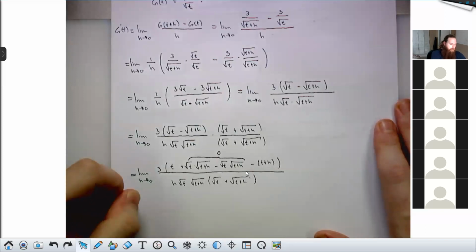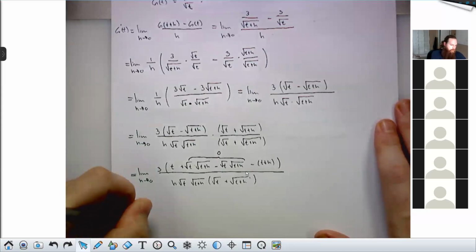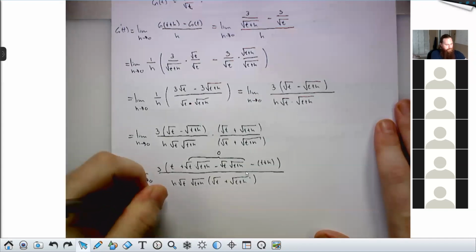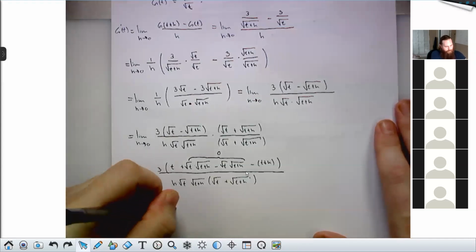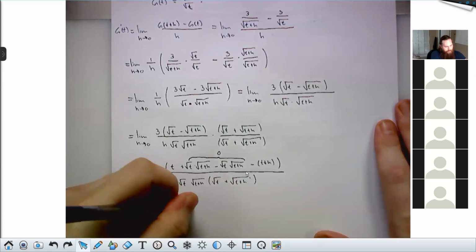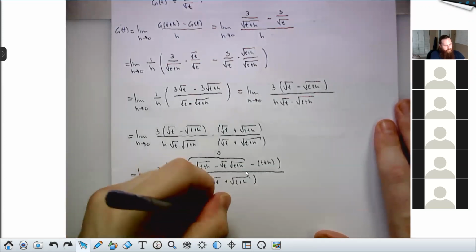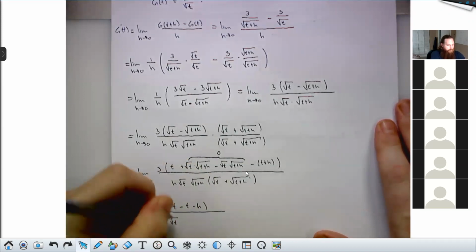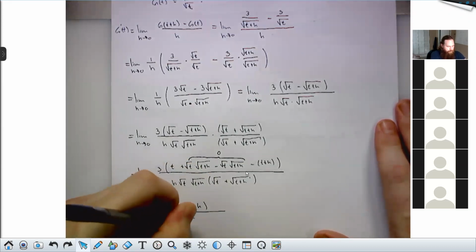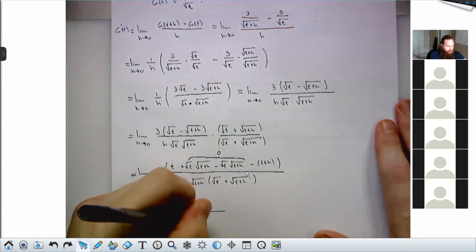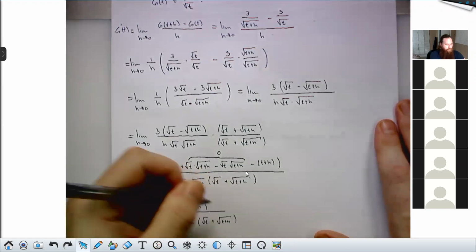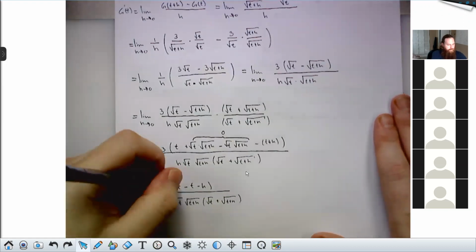So this is lim h to 0, 3 times, I'll write it, t minus h over this big denominator, h root t plus h root t plus h. Of course, these add up to 0.